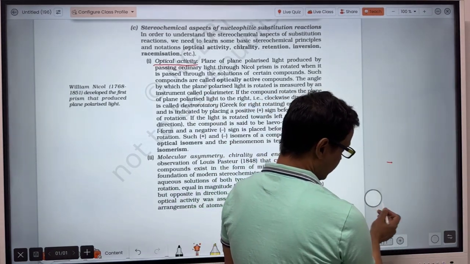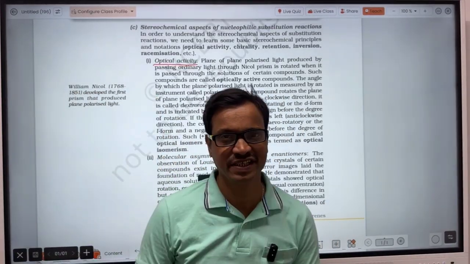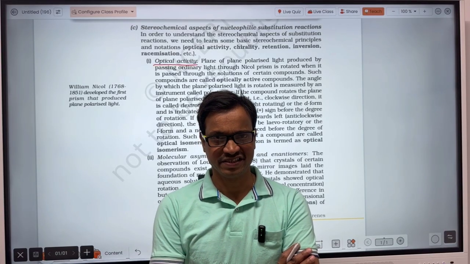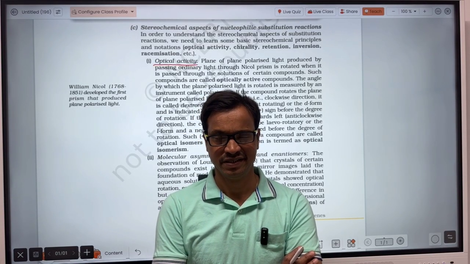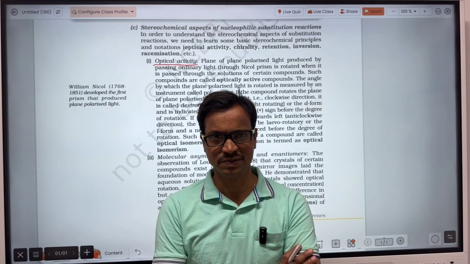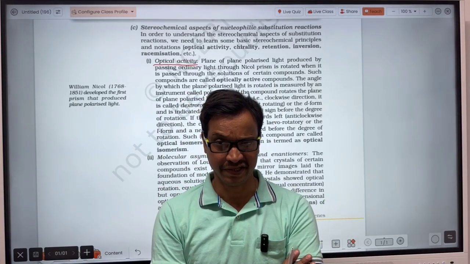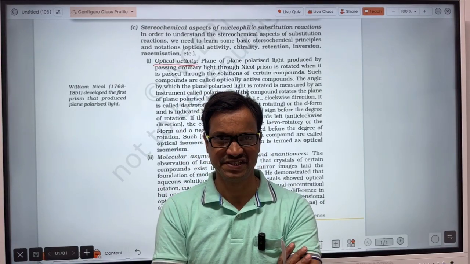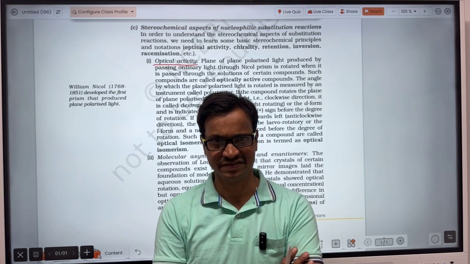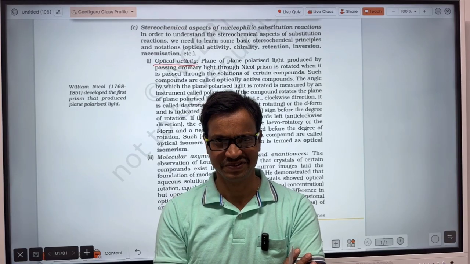When the plane polarized light passes through a substance, it bends either towards left or towards right. When the plane in which the constituent particles oscillate bends towards right, that compound is called a dextro-rotatory compound.